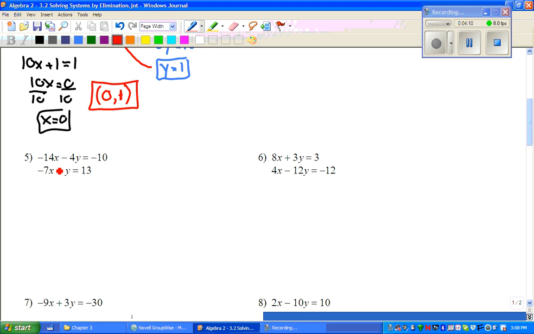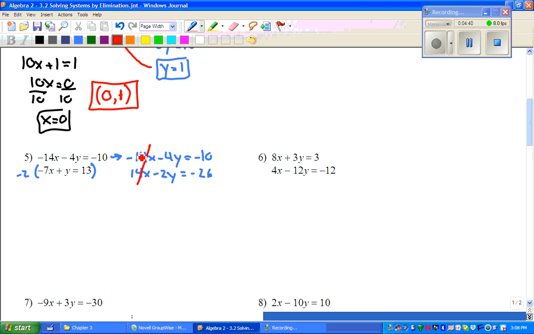So what I think I'm going to do for this one is multiply this bottom one by a negative 2, so that I can get rid of my x's here. Top equation doesn't change. I have negative 14x minus 4y is equal to negative 10. And my bottom equation now is going to be 14x minus 2y is equal to a negative 26.